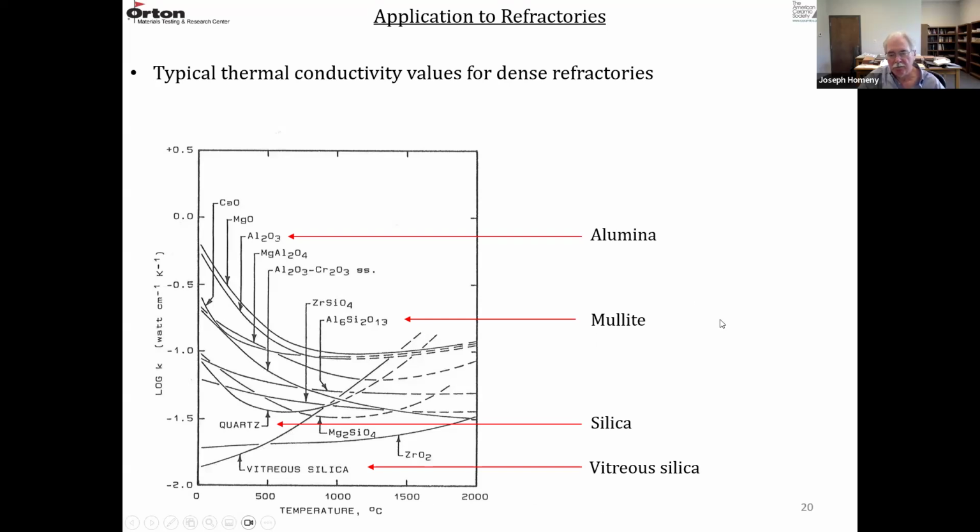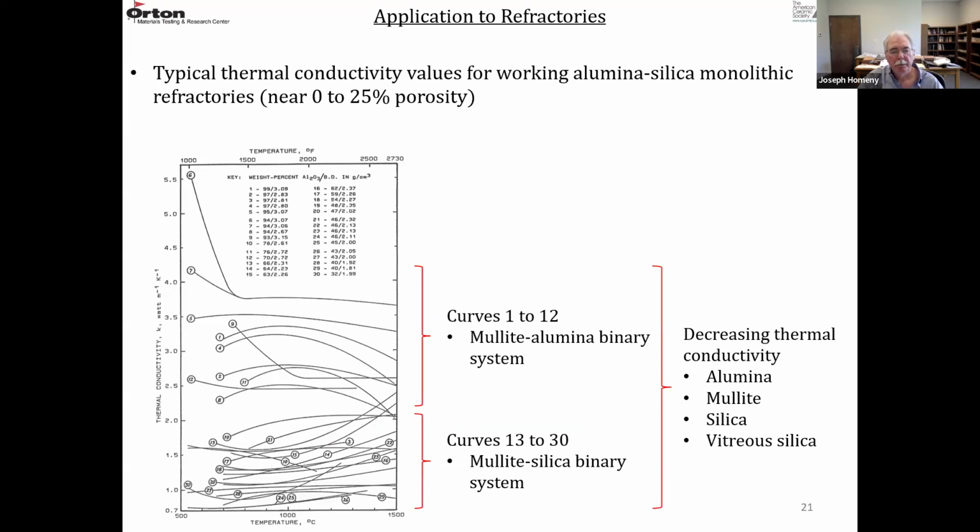But on that phase diagram, you go from alumina to mullite to silica to fused silica, the thermal conductivity decreases. These are dense refractories, and these are the monolithic materials. So these monolithic materials are in the mullite alumina part of the binary phase diagram. These materials are in the mullite silica binary part. So the conductivity decreases from alumina to mullite to silica to vitreous silica.